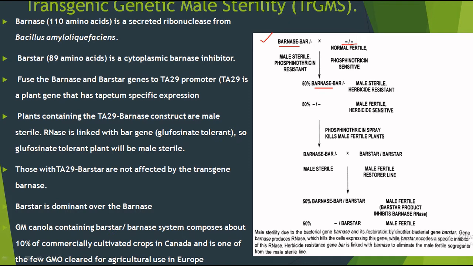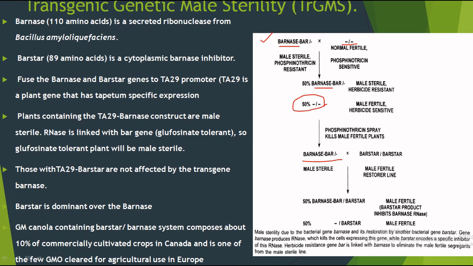Then we'll spray phosphinothricin and it will kill these plants. This 50% of plants will get killed. Then we'll get this 50% Barnase plants, which are male sterile and resistant to the herbicide.